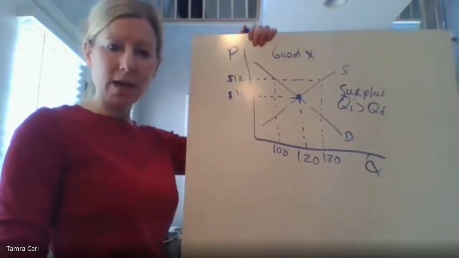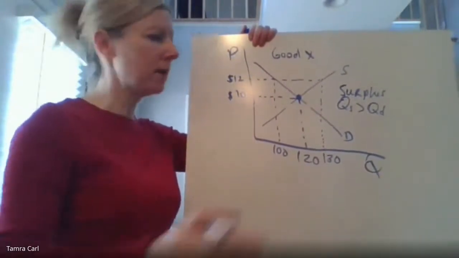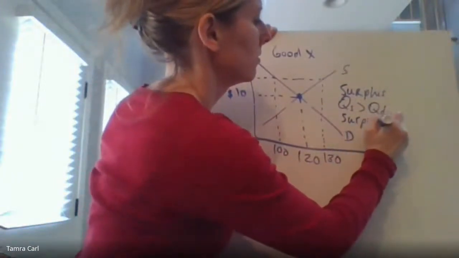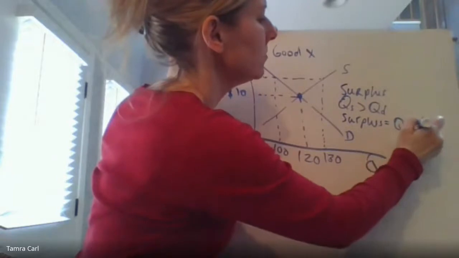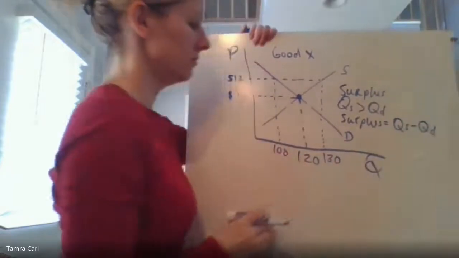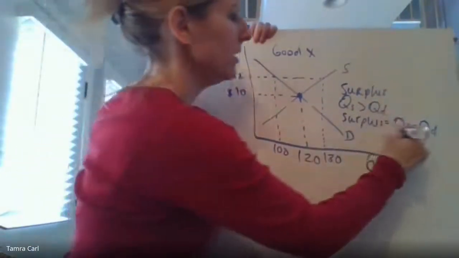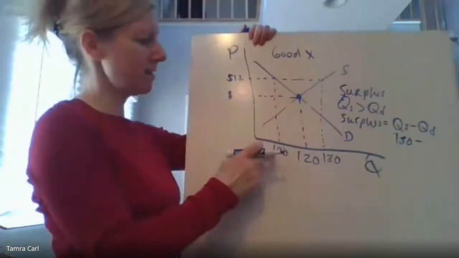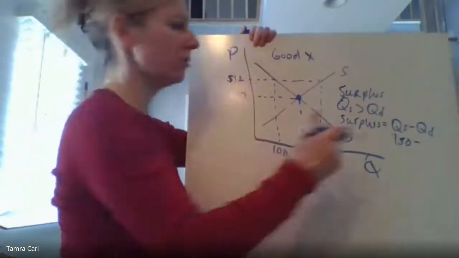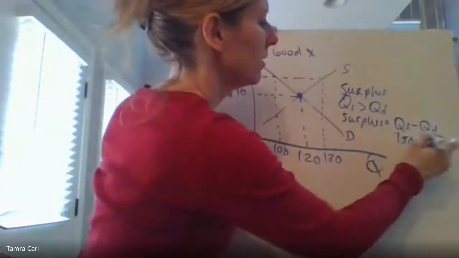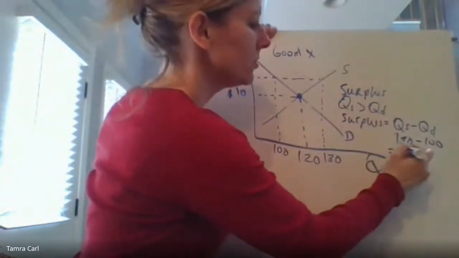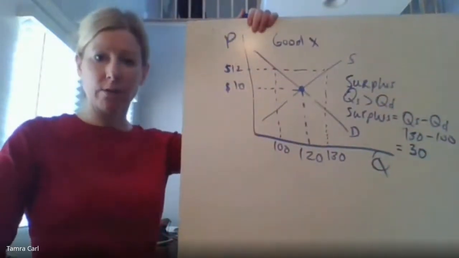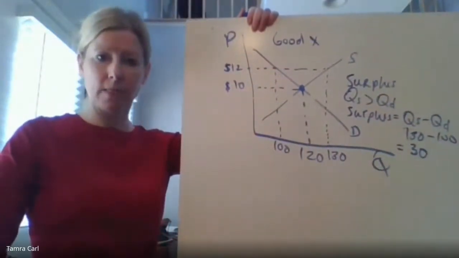And if I'm asked to calculate it, my surplus is quantity supplied minus quantity demanded. The quantity supplied is 130. The quantity demanded at $12 is 100. And so therefore, I have a surplus of 30 units. I've got to show my work and have all of that.